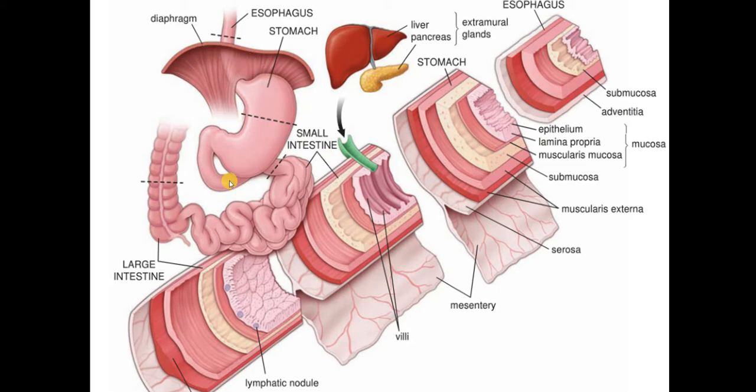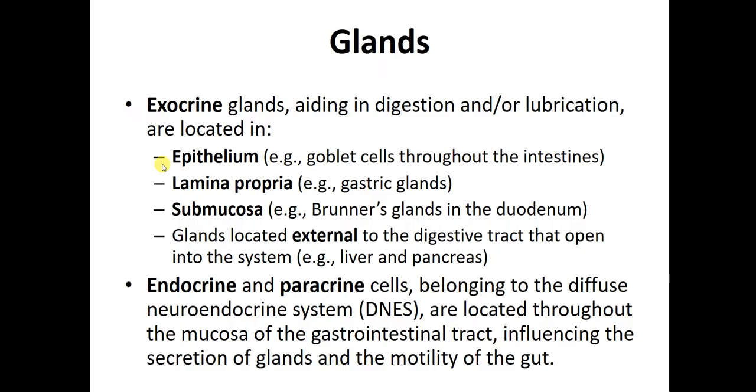Anatomically you discuss the location of the digestive tract, so I hope we shouldn't discuss it in detail. Glands. So what should we talk about regarding glands in the digestive tract? In the digestive tract we usually encounter exocrine glands.